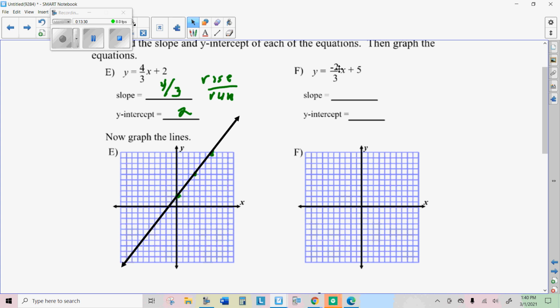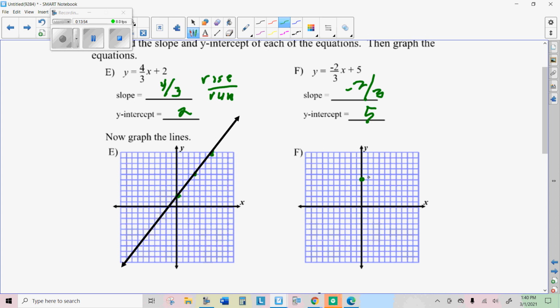Okay, let's do one more together, and then you can try a couple. So my slope for this next one is -2/3. Remember, the negative tells you what direction it is. And the y-intercept is 5. So I'm going to put a dot at 5 on the y-axis.